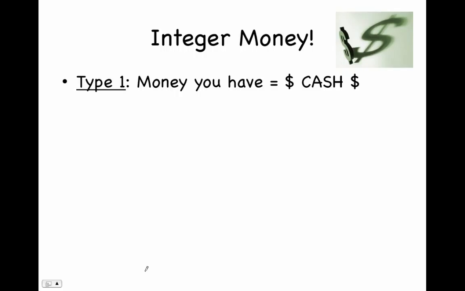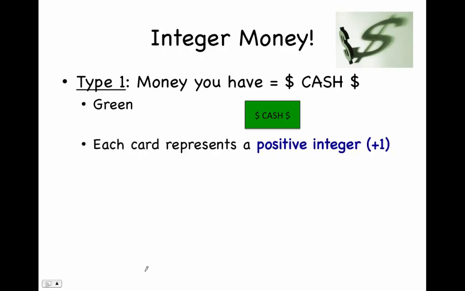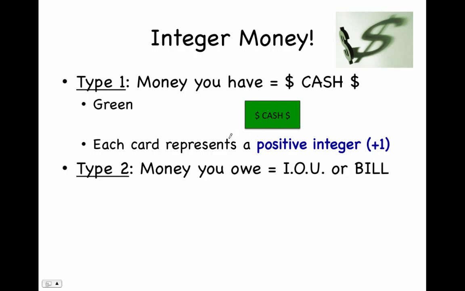So, type 1, you have two types of money. Money you have, which we can call cash, and it's represented by a green bill here. Each card represents a positive integer, so you can think of this as positive $1, money you have.